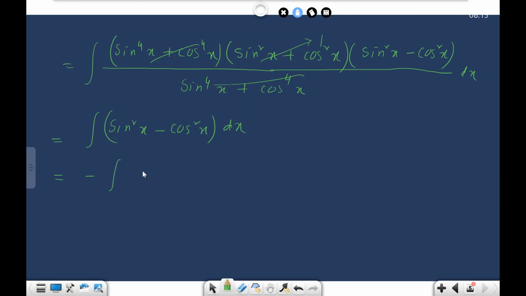If you take minus common, it is of the form cos square x minus sine square x, and all of you know this formula. This is actually the formula for cos 2x dx, and the integration of cos 2x, minus is already there, is simply sine 2x divided by 2 plus constant of integration c, and that will be your answer.